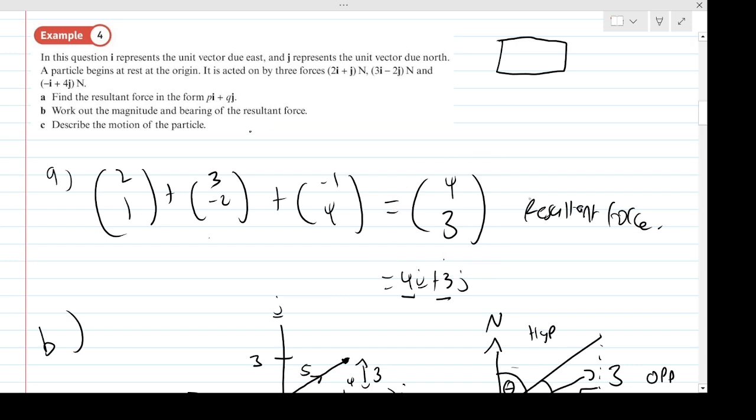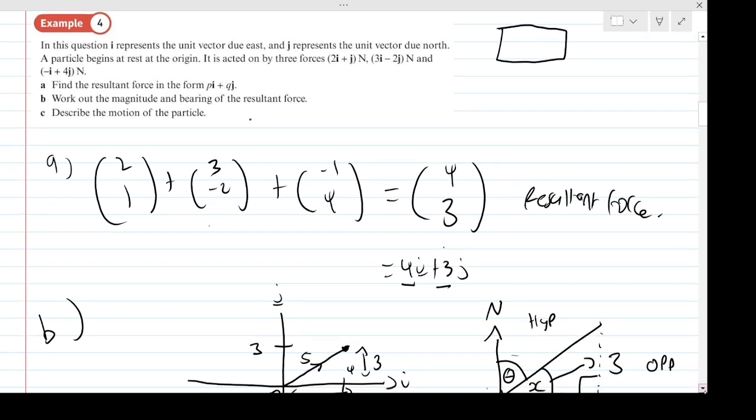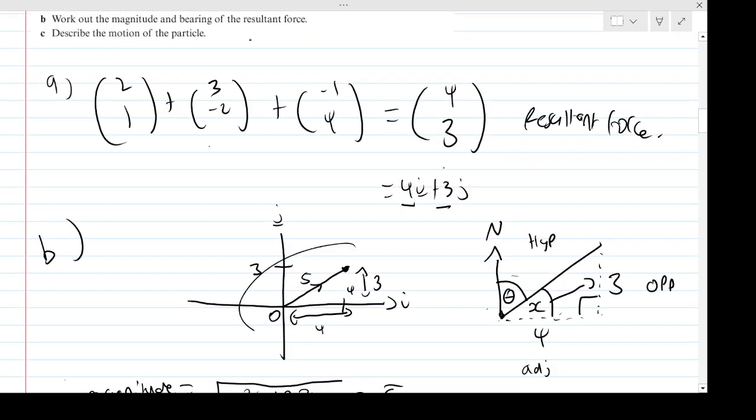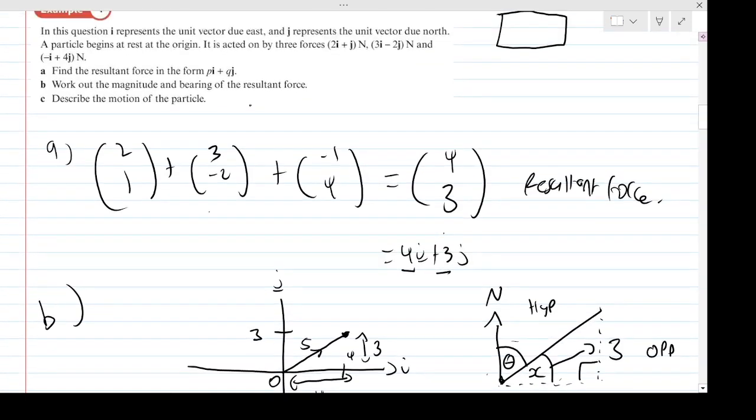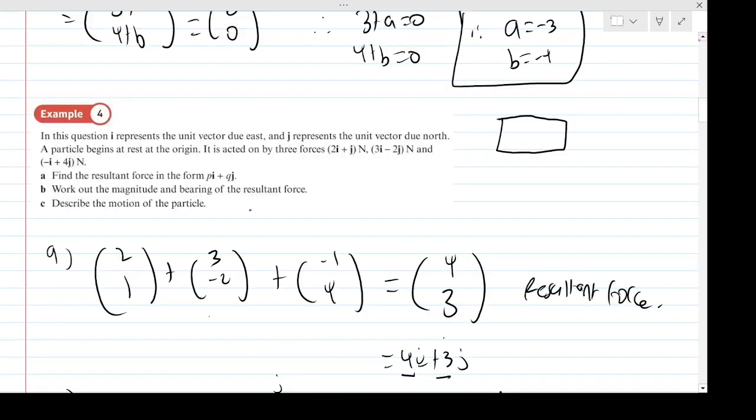So, if the resultant force is 4, 3, as we just saw, it's going to be this line acting on the box like this. Okay, so it's going to be 4 across and 3 up, and so that is the resultant force.